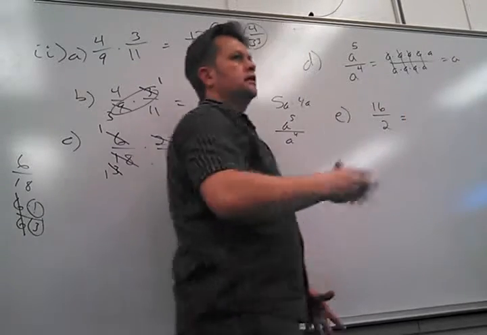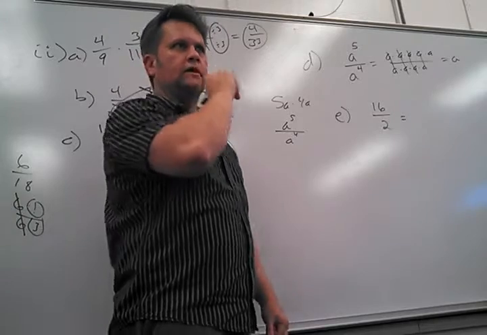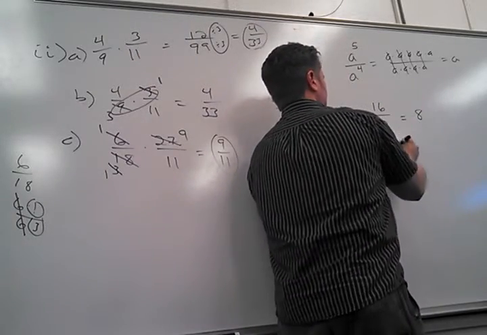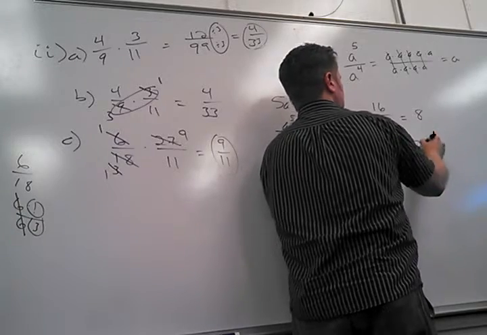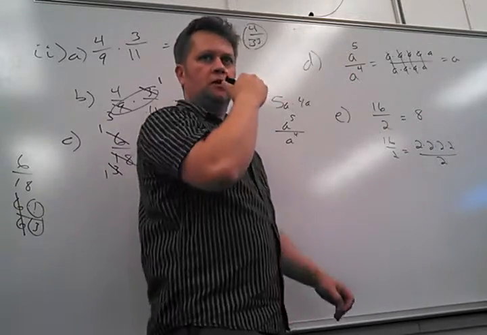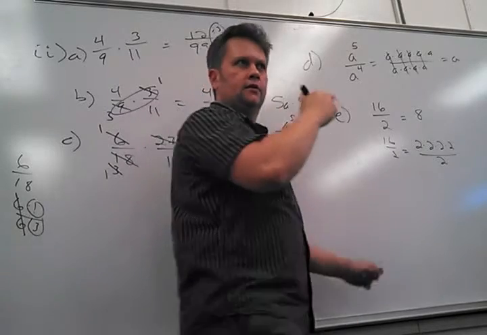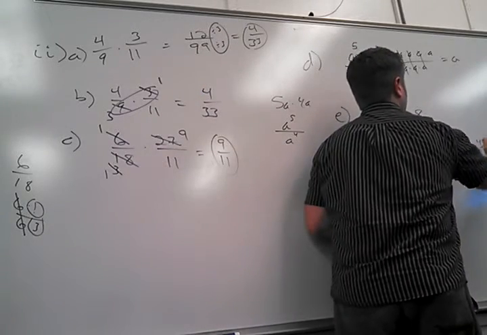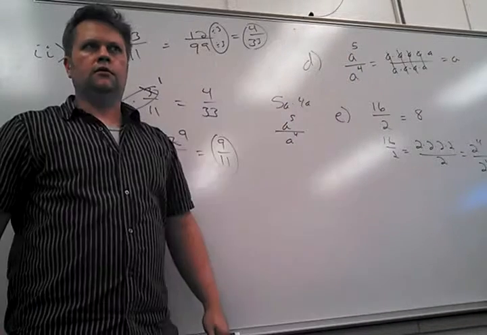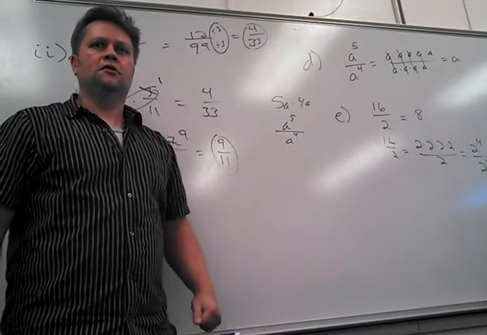Isn't that 2 to the 4th divided by 2 to the 1st? What's 4 minus 1? 3. So if I have 4 2's divided by 1 2, how many 2's will be left? 3 of them, right? Just like right here, I can see it. And what's 2 times 2 times 2? 8. 2 times 2 times 2 is 8.